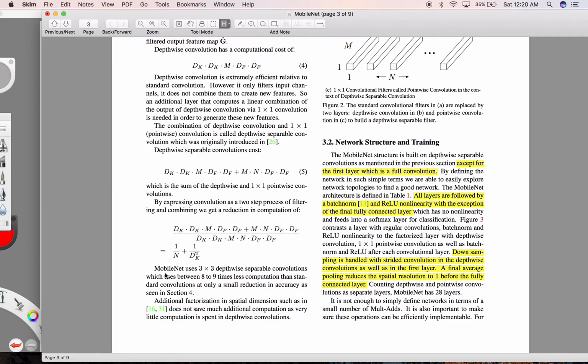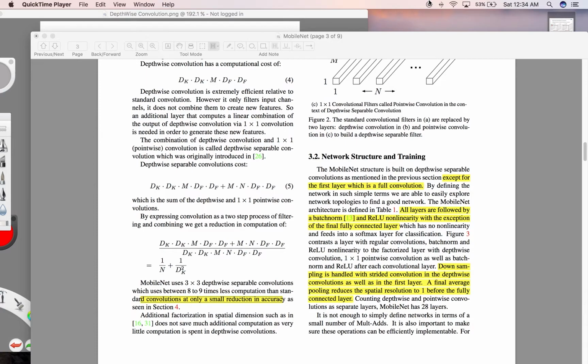So we see that MobileNet, which uses 3 into 3 depthwise separable convolutions, uses between 8 to 9 times less computational power than standard convolutions, with only a small reduction in accuracy. So this ratio causes a massive decrease in the number of computations that we have to do for one single convolution layer.